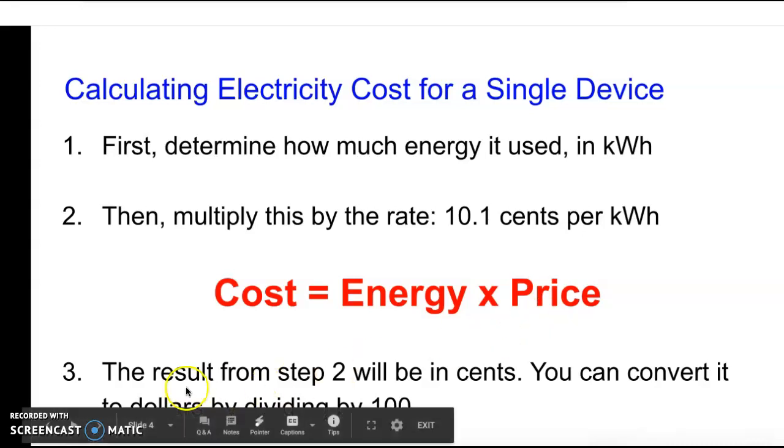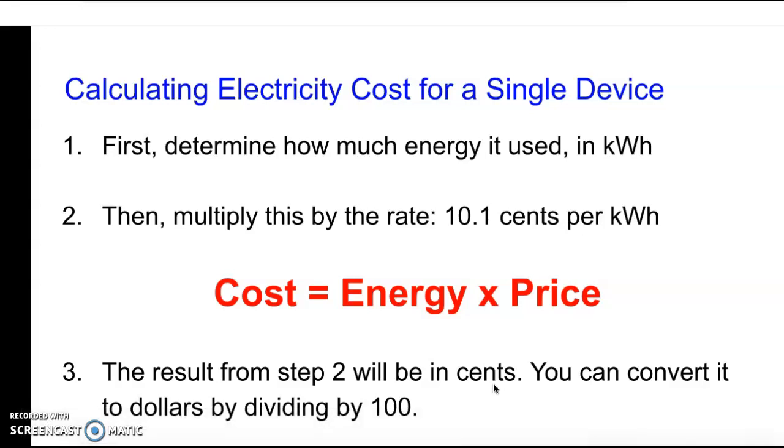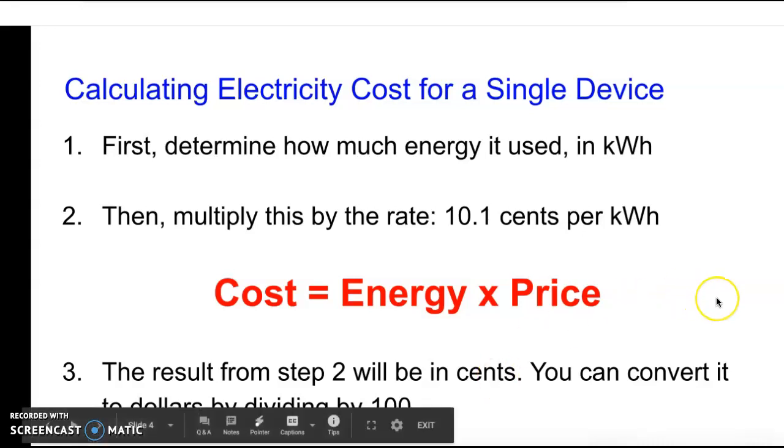The result from step 2 will give you your answer in cents. But oftentimes you want to know how much that is in dollars. So after you find out how much it is in cents, you can divide that by 100, and that'll give you the answer in dollars, because there's 100 cents in a dollar.